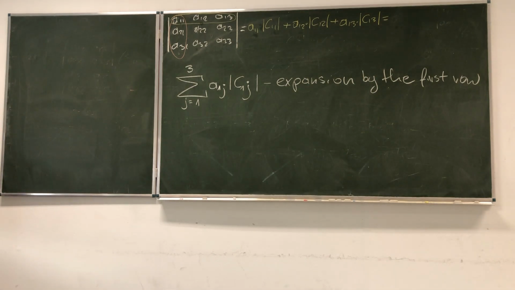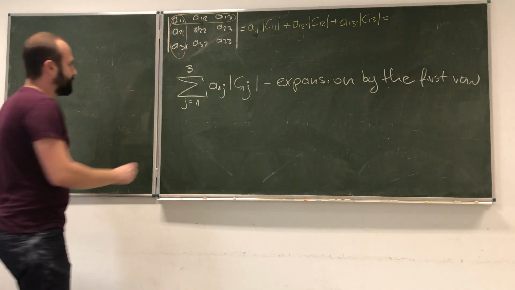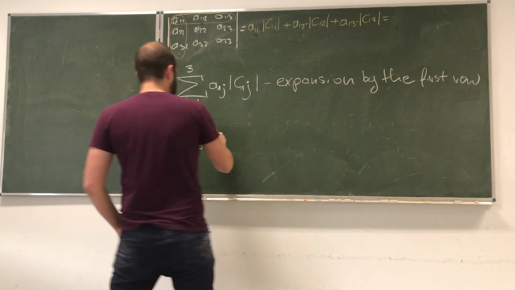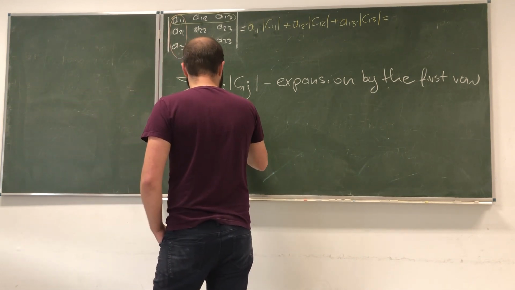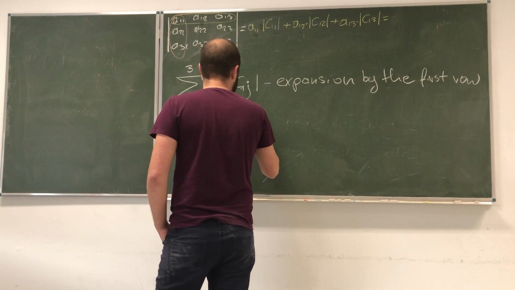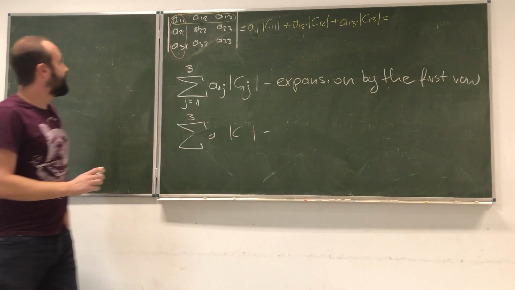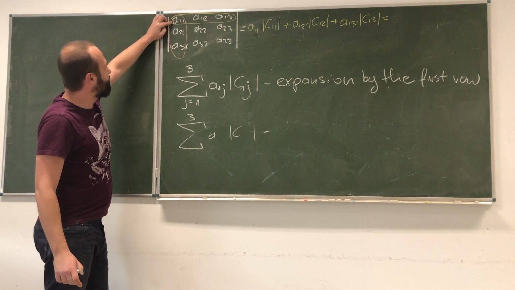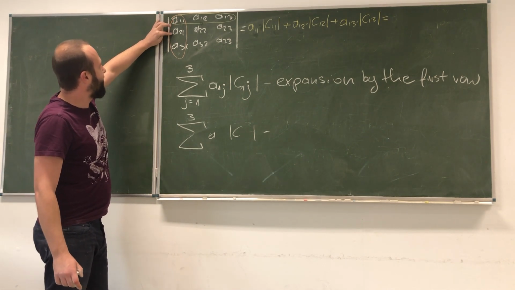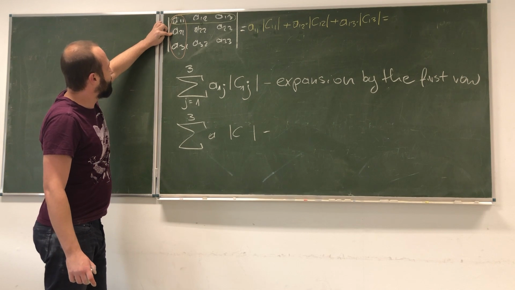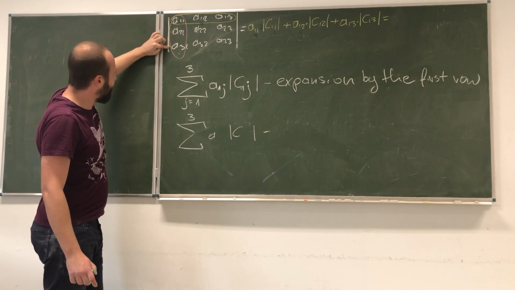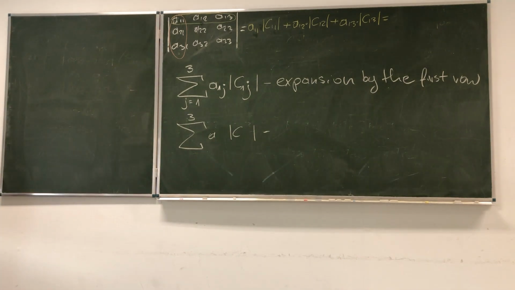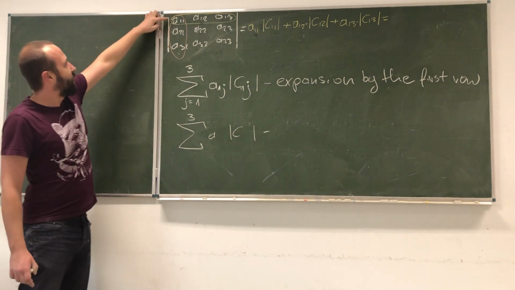Now, if I want to do the same thing, but for example, I want to now write down the expansion by the first column. How should I do it? Well, again, at most I can have 3 elements. I will have A elements and cofactors over here. But look, my first element would be A11, C11, then A21, C21, A31, C31, right? So, what is changing now?